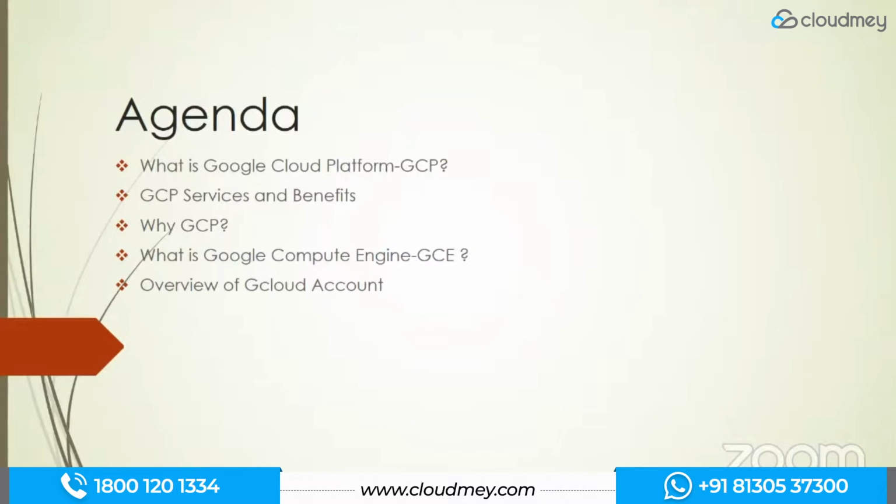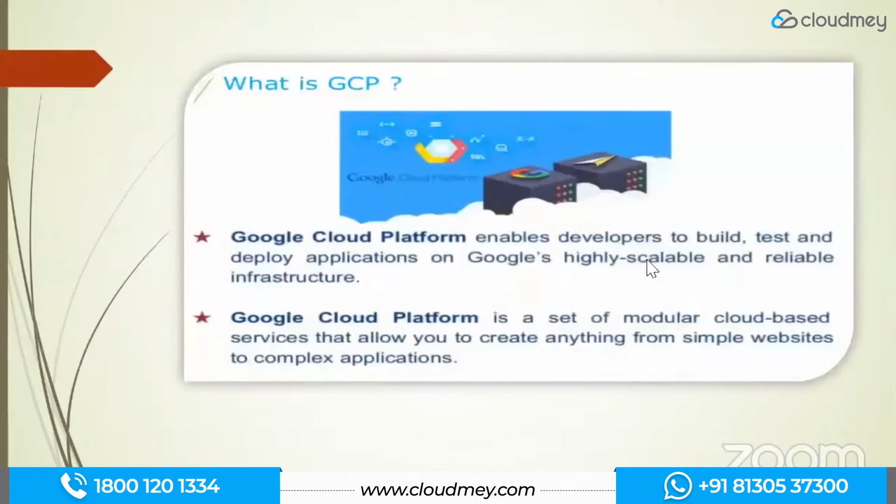When cloud was introduced, the main player was Amazon, which is AWS, as you know, and then Azure, given by Microsoft, was also introduced, and then Google introduced its own platform called GCP. So what GCP does is it gives you the logical stuff wherein you can create your own simple websites or your own applications as per your requirement.